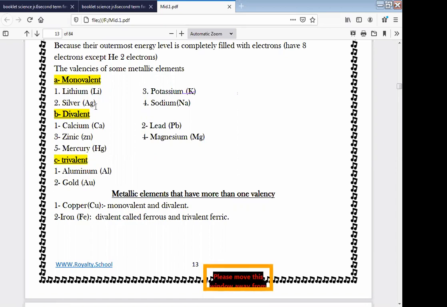We didn't take it, so you should know all of these elements. Lithium, potassium, silver, sodium are monovalent. Calcium, lead, zinc, magnesium, mercury are divalent. Aluminium, gold are trivalent. These are metallic elements, consisting of mono, di, and tri. Okay, you should study it well.